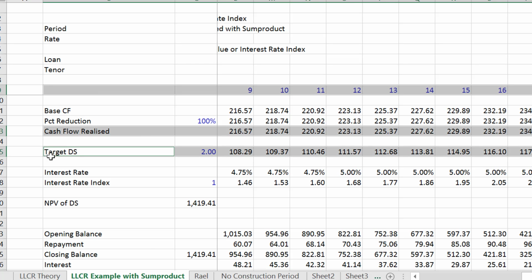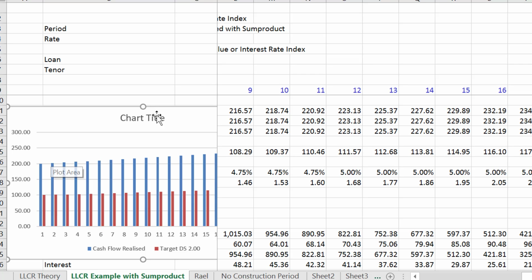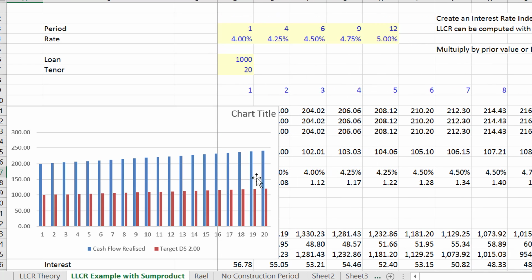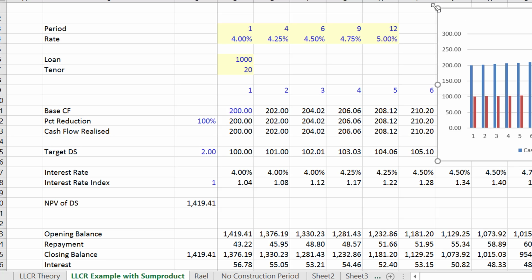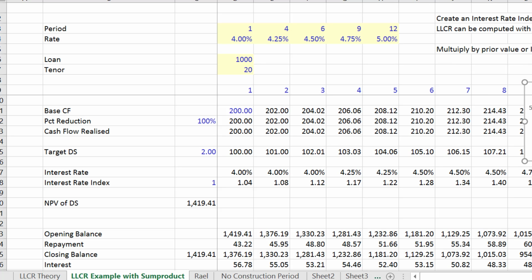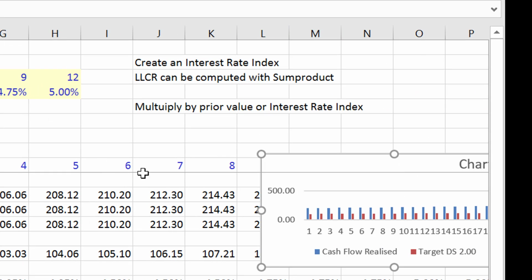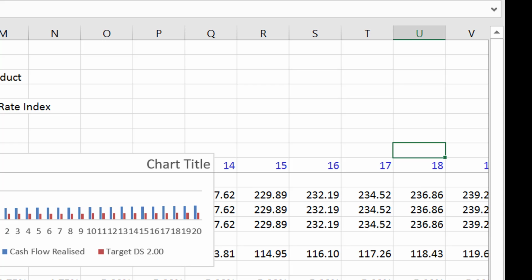Shift F8. Then Alt F1 to get a little graph. I'll put it up here maybe. That's kind of our little guide as we go through. I have to pause the video while I fix this.